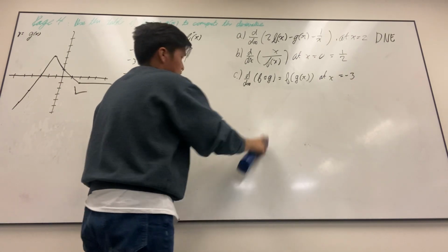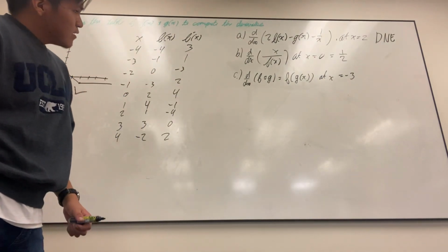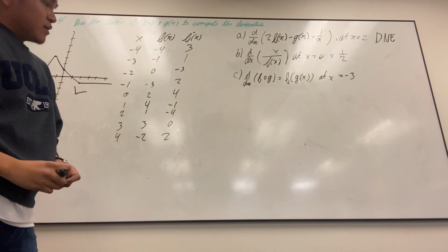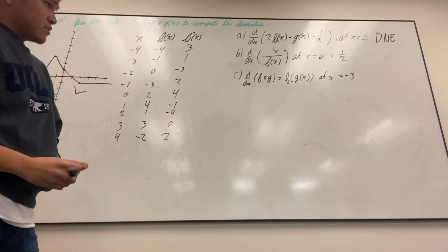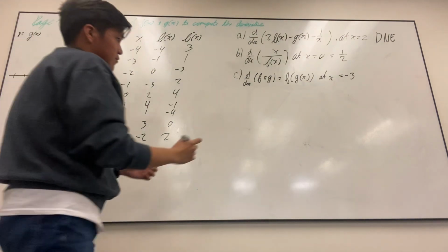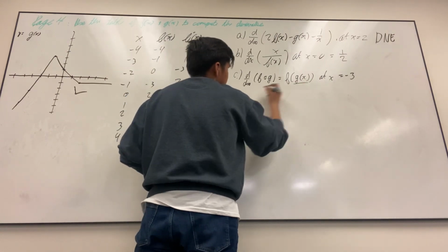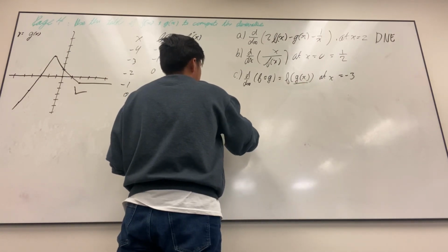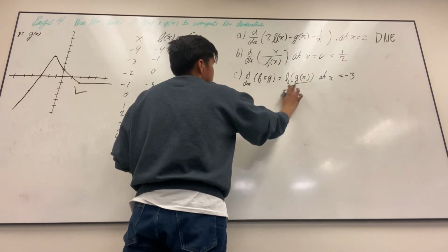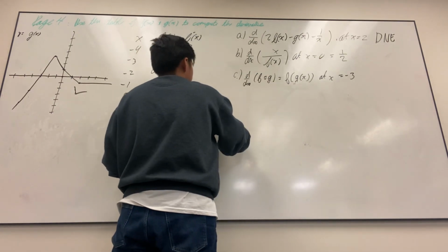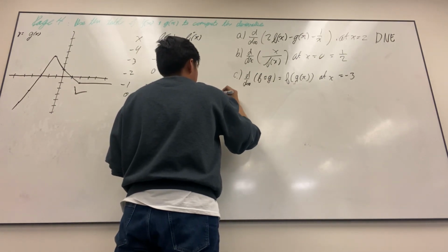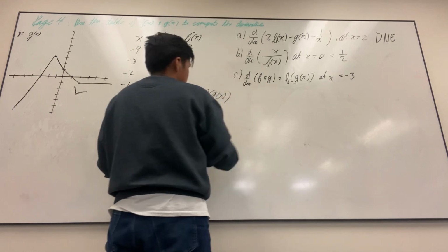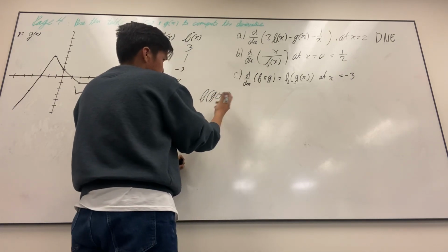Our next and last derivative would be f of g of x at x equals -3. So what we'll do first is look at what's inside. First we find the derivative of this. We find the derivative of f of g of x, which is a chain rule.